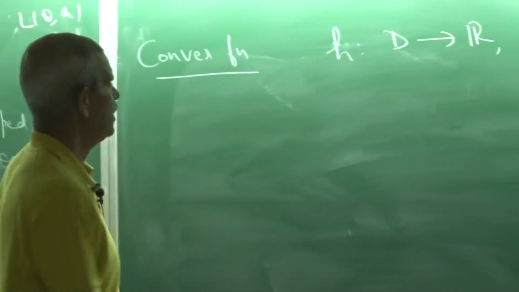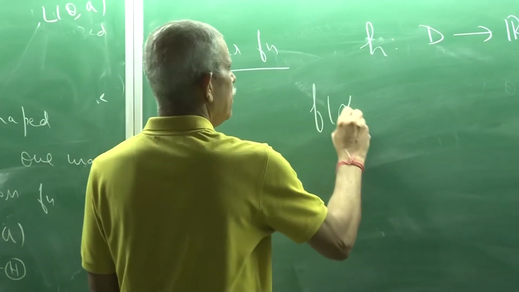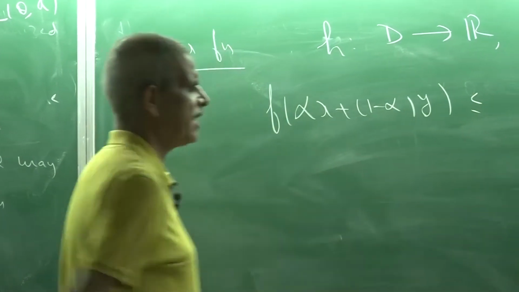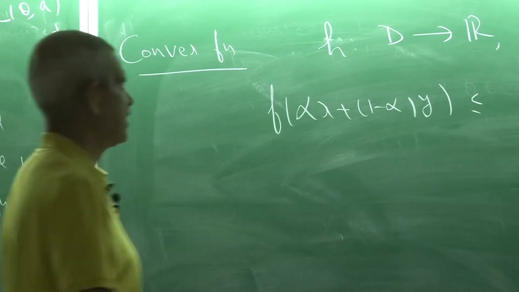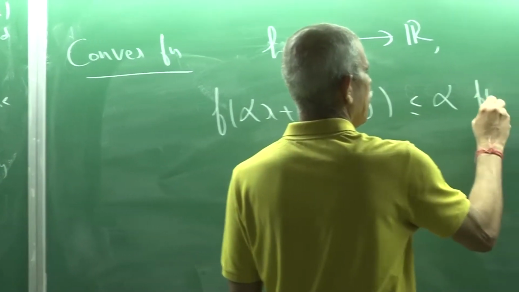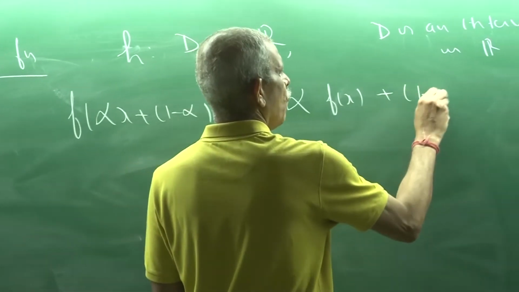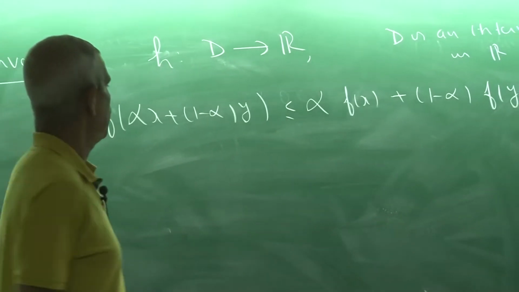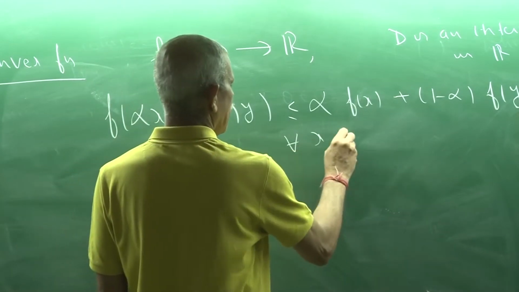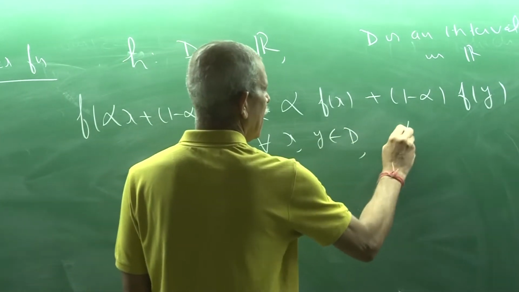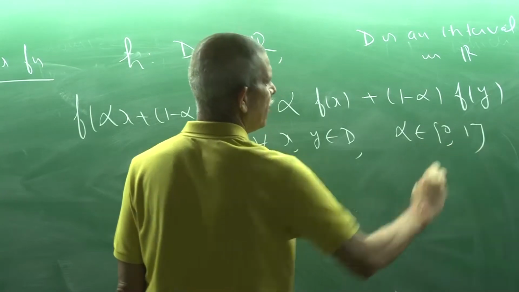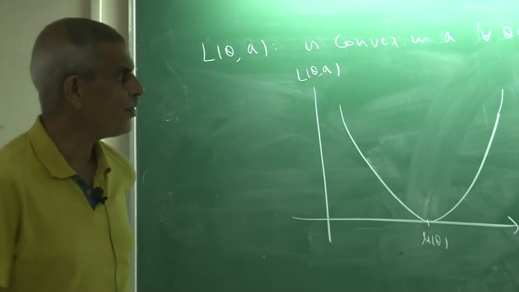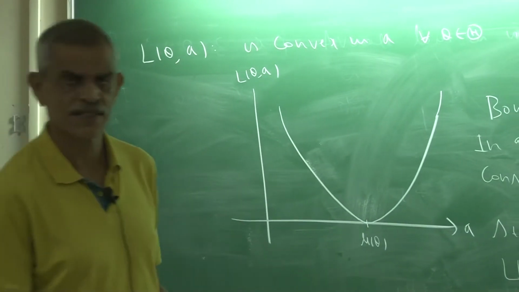A convex function satisfies f of alpha x plus 1 minus alpha y is less than or equal to alpha times f of x plus 1 minus alpha times f of y, for every x and y in D and alpha belonging to 0 and 1. Any function f which satisfies this property is called a convex function.